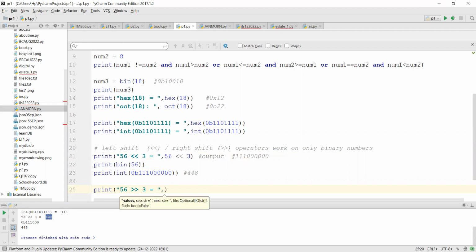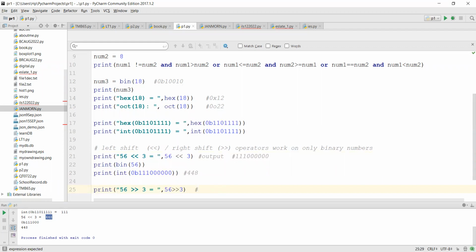Guess. Of course, here I have to say 56 right shift 3, right? So tell me what will be the value? Decimal number you drop. You don't consider the decimal number.